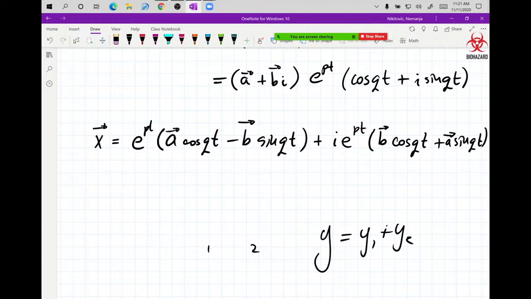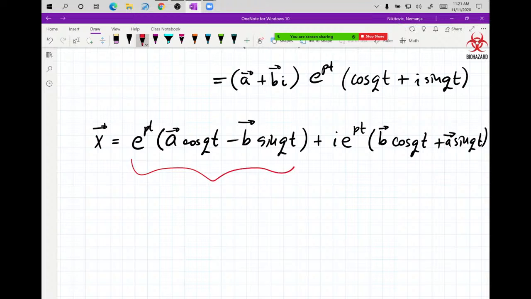Well, that's now done by taking the real part. So this one over here is going to be your x1 solution, and I have to carefully exclude that. This is going to be your second solution.